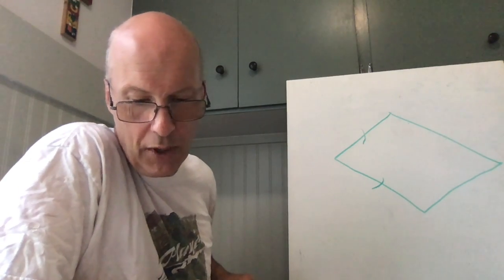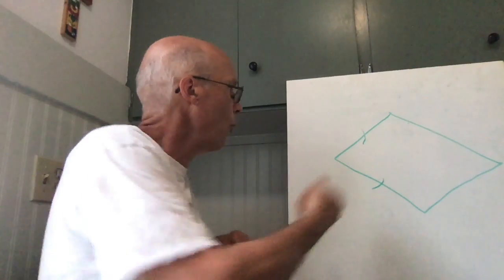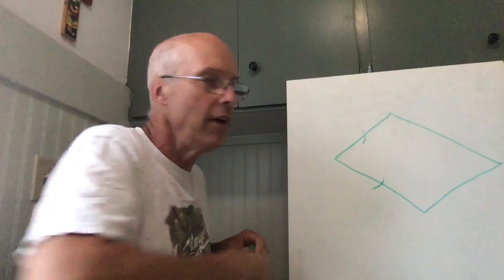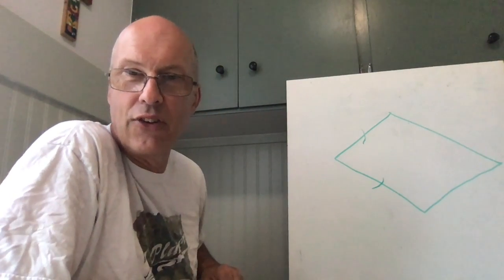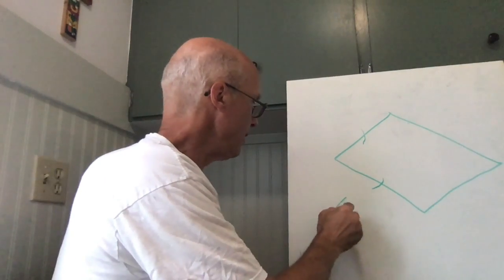So basically, if one pair of consecutive sides are congruent, then it's a rhombus. Or I could have done this one and this one, or whatever. One pair of consecutive sides is all you need. That's 6-19.